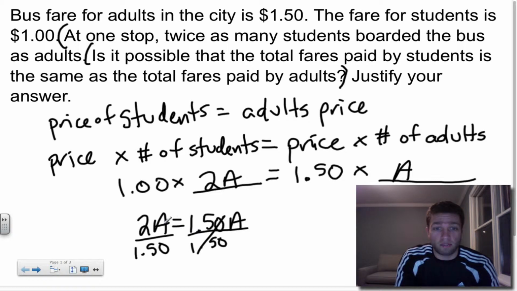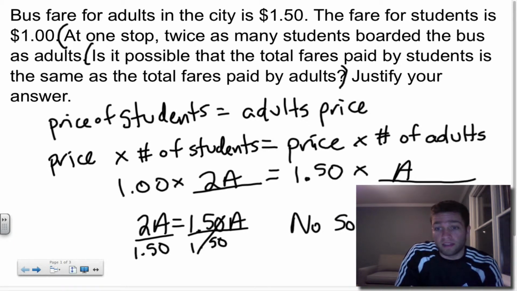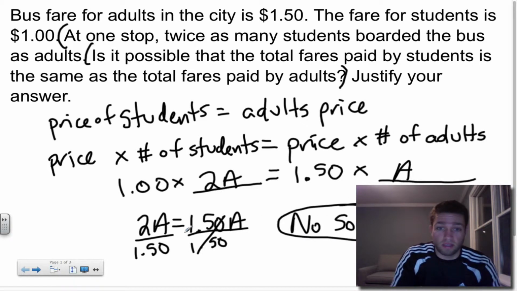No matter what I plug in for A, it's not going to equal the same on both sides. Like if I plugged in 2 here, 2 times 2 is 4, 2 times $1.50 is 3, this is never equal. So this problem, after all that work, and I know it's a little frustrating, has no solution. There are no solutions to this problem because this side will never equal this side of the equation.